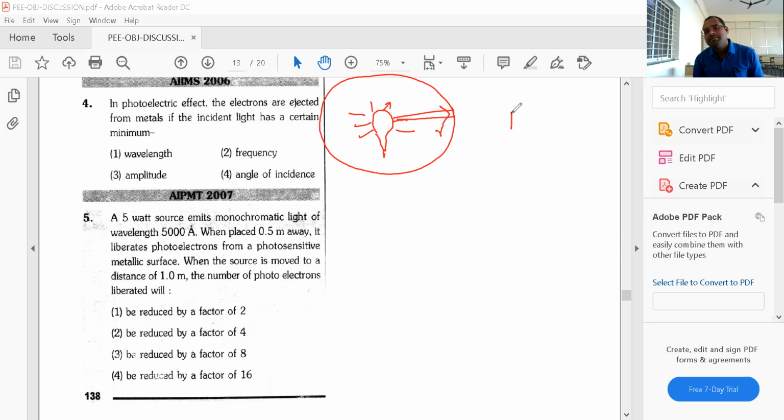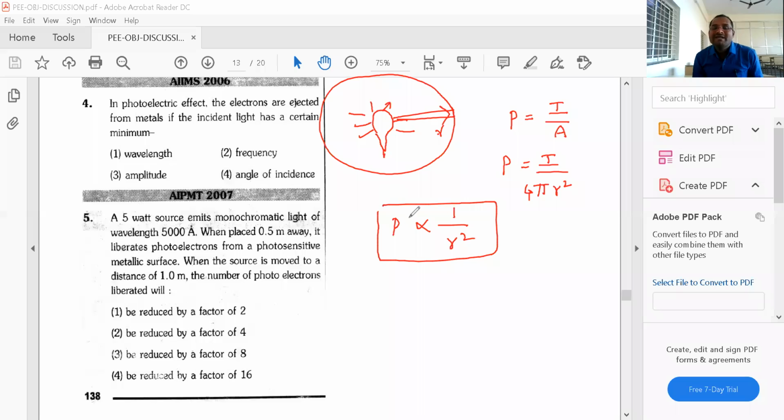So the power of this light can be written as intensity of incident radiation upon area of cross section, and this area is a spherical surface, 4 pi r square. Means intensity is inversely proportional to 1 by r square.